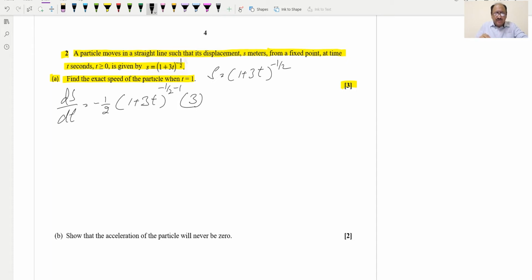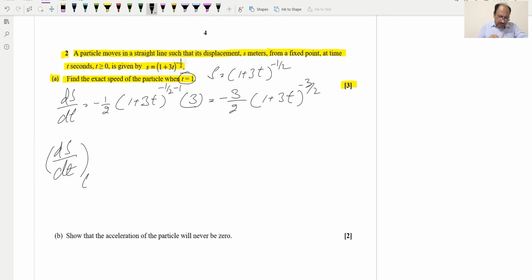This will be equal to minus 3/2 into (1 plus 3t) raised to the power minus 3/2. Further, ds/dt at t equal to 1 is required.